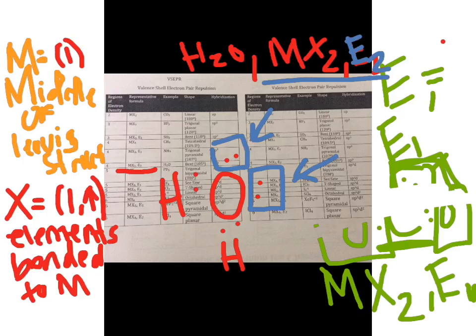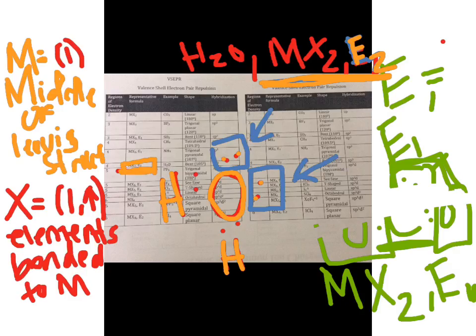You have 1 M, which is your O. You have 2 X's, 1, 2, and you have 2 extra pairs of electrons, which means E2. So you would go to your table and you have to write this formula. So you write the formula and you go, okay, this is the formula right here.